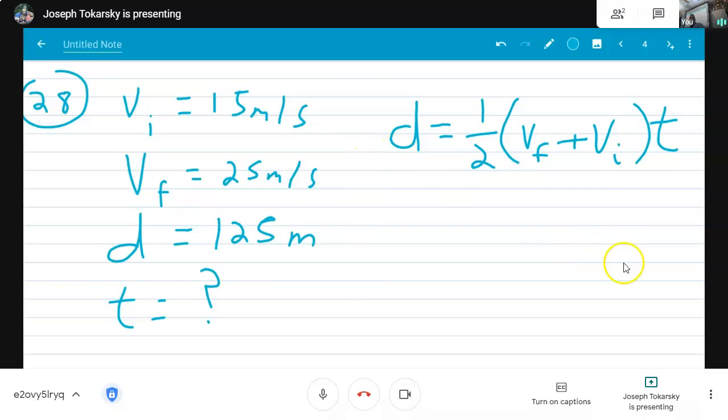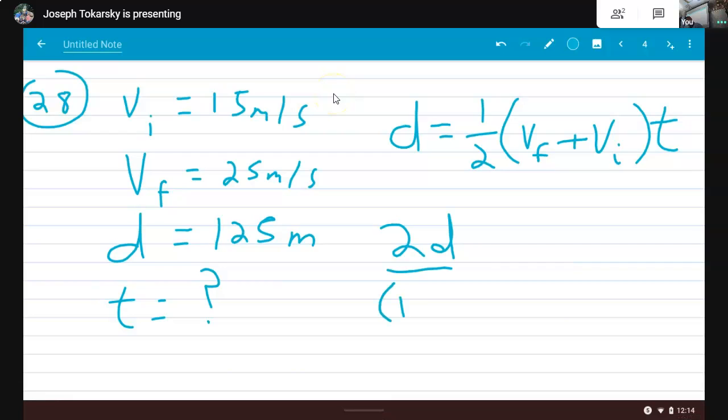To get T, the first thing to do is multiply 2 over to get rid of the 1/2. So that'll put a 2D over here. Once that's moved, remember this is a quantity. That whole set of parentheses is multiplied by T, right? Therefore, I could divide that whole set of parentheses over in order to get T by itself.